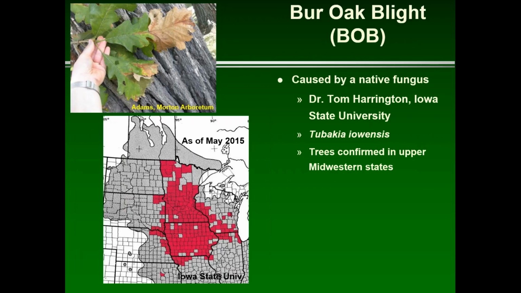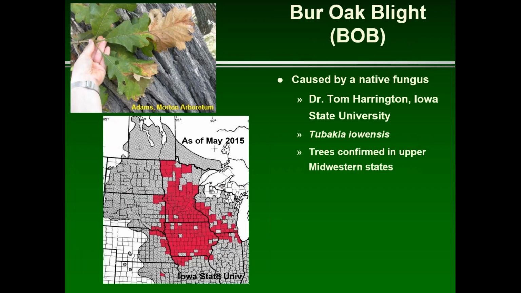They were looking at a malady they were seeing of oak trees with leaf scorch symptoms, and toward the end of the 2000s they looked very closely and identified this particular fungus, Tubakia iowensis, as a different species of Tubakia from the leaf form of the disease that we have known for many, many years.